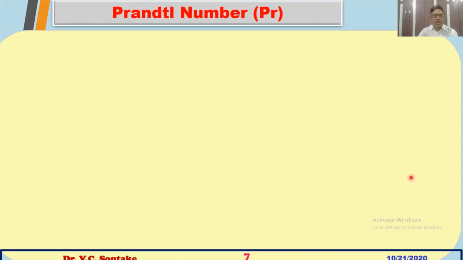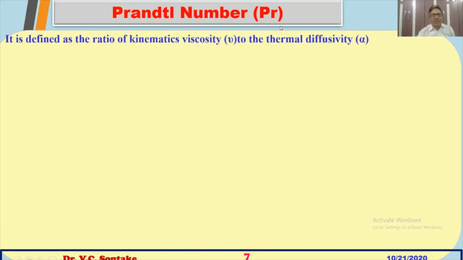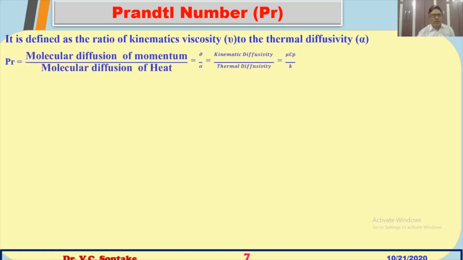Next non-dimensional number is the Prandtl number, represented by Pr. It is defined as the ratio of kinematic viscosity nu to the thermal diffusivity alpha. So Prandtl number is nothing but the ratio of molecular diffusion of momentum to the molecular diffusion of heat.